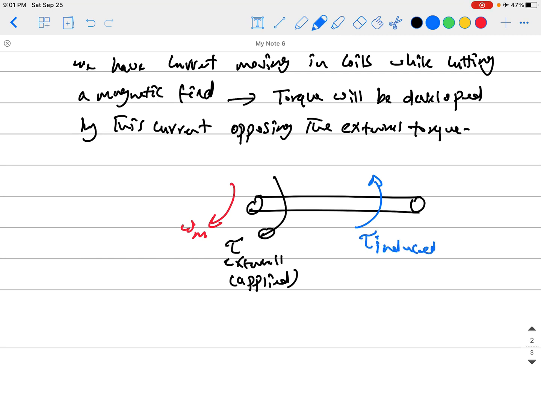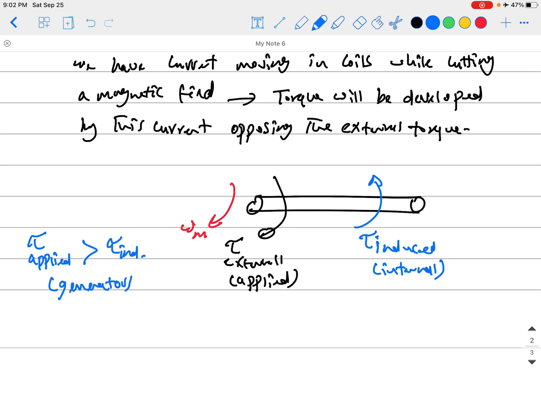That is the internal torque inside the machine. Acting like some sort of a brake, because it's trying to make the shaft or the rotation go in the opposite way. Yeah, it will not be able to do this because the applied torque or the external torque is higher than this induced torque, because we are talking about a generator here, not a motor.